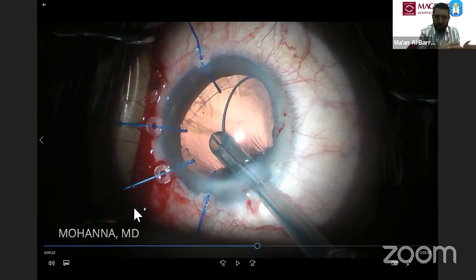So I would have placed the capsular tension ring from the beginning, and possibly, as Dr. Ali has mentioned, placing a capsular tension segment as well, having the force or support from the equator of the lens-bag complex. I would start, of course, from the area just adjacent to the weak area, and then end up at the weak area, so that I don't cause further damage.